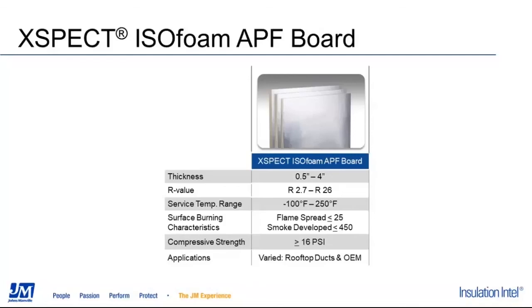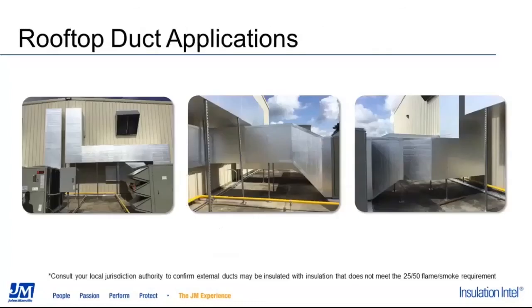Applications vary quite a bit between roof ducts as well as some of the OEM equipment type of application. So here's an example of the roof duct application, and Expect is a great product here because of the closed cell nature, great thermal performance, as well as it is a lighter product than some of the other ones that you could use here.